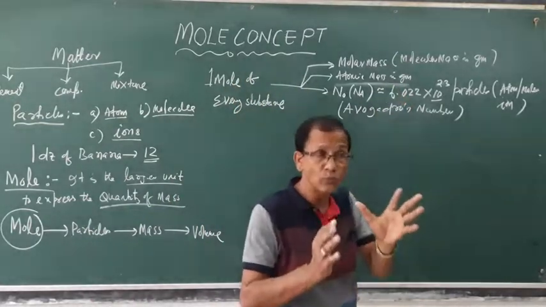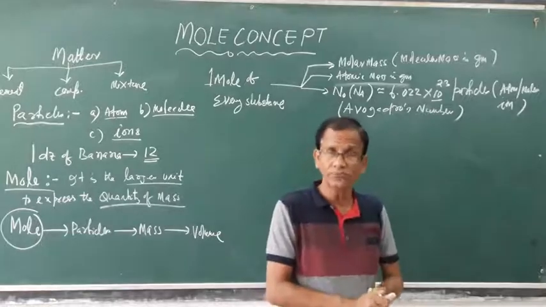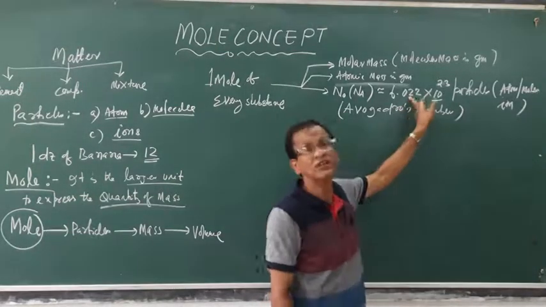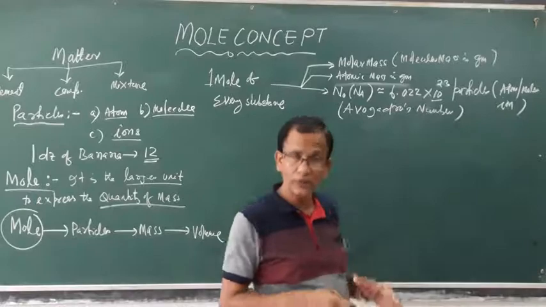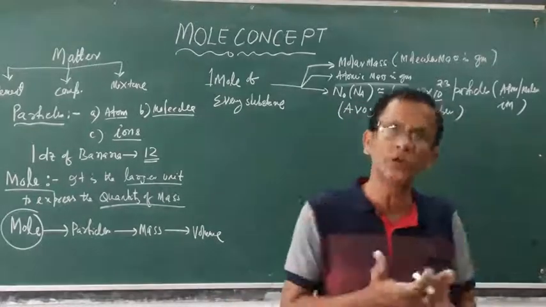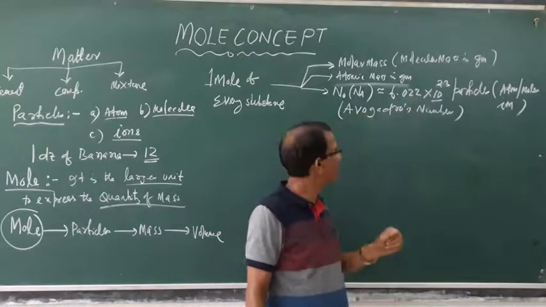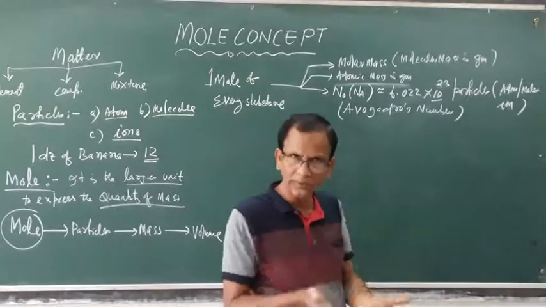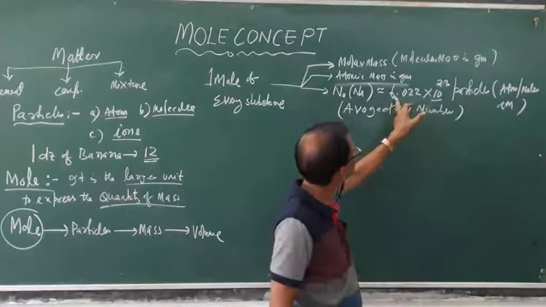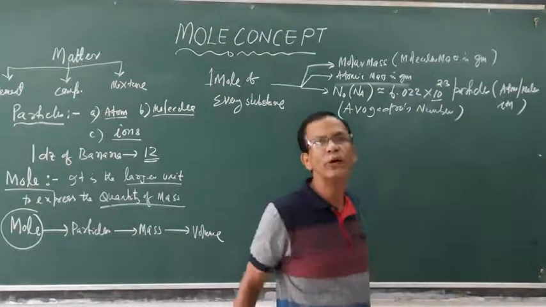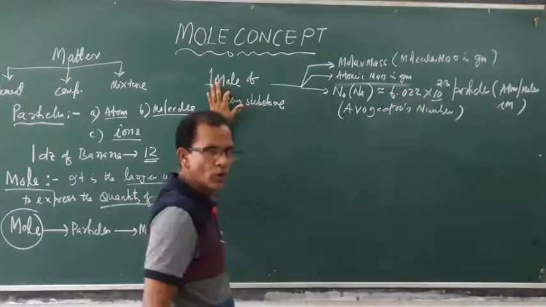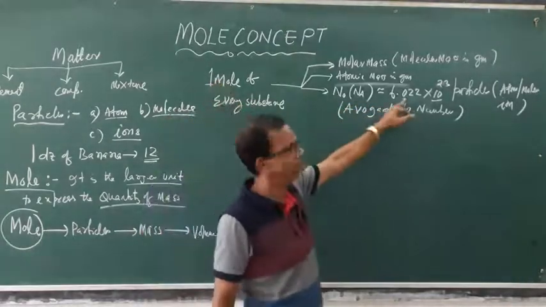If you take 1 mole of oxygen atoms, it contains this many oxygen atoms. If you take 1 mole of oxygen molecules, it contains this number of oxygen molecules. If you take 1 mole of sodium ions, it contains 6.02 × 10^23 sodium ions. So 1 mole is always equal to this number.